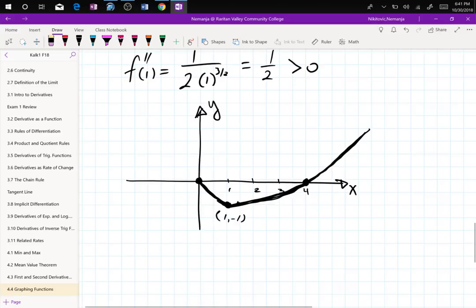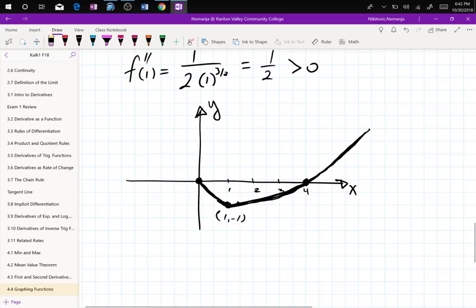There it is. Look at that. If you look at the graph, this is exactly what we had. Let me show one more time. What I have is, I start at 0, I hit 1, -1 minimum, shoot through 4, go forever up, everywhere concave up, 0 to 1 is decreasing, and then 1 to forever increasing.